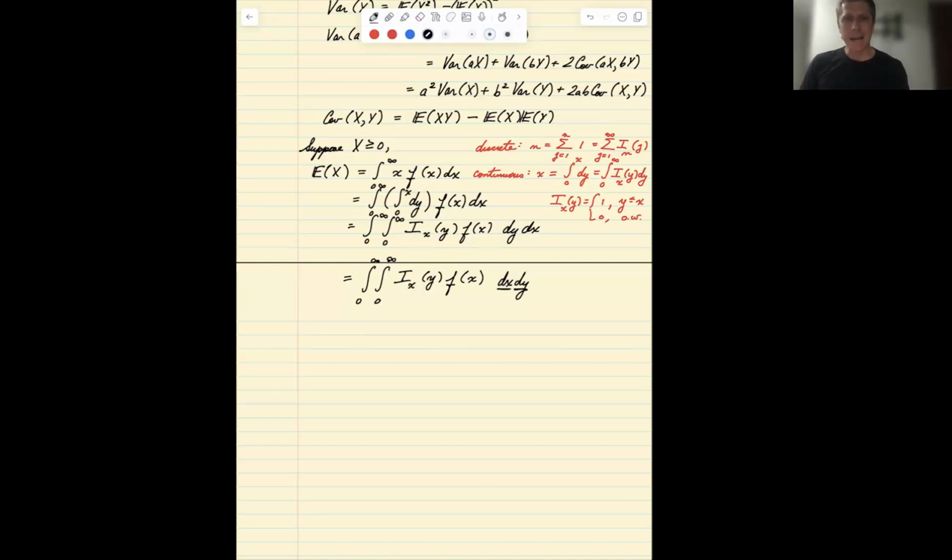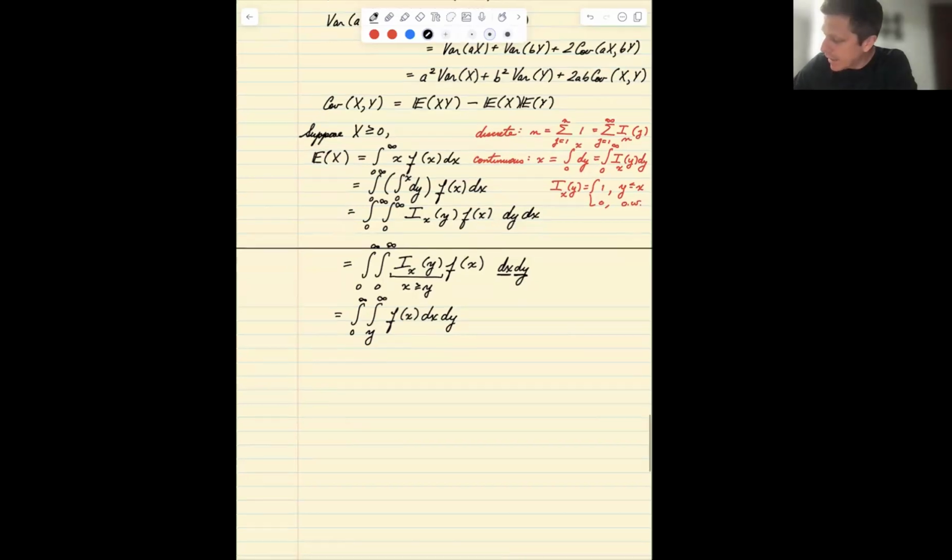And we're doing dx. And so this is going to be 1 provided x is greater than or equal to y. And so we can put the limit back into the integral, but the way it comes in is we only have 1 for values bigger than y. So it's from y to infinity, f of x, dx, dy.